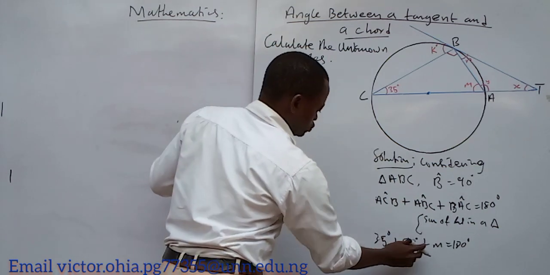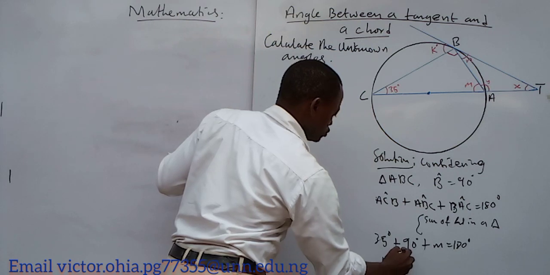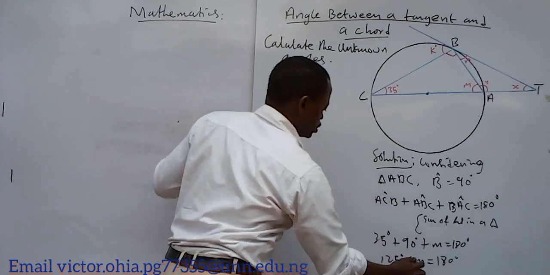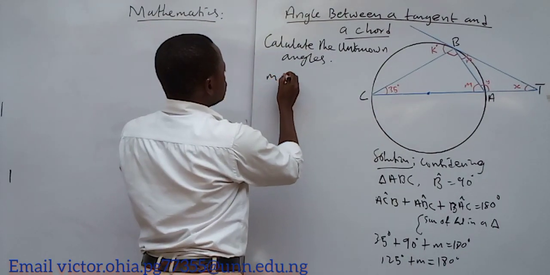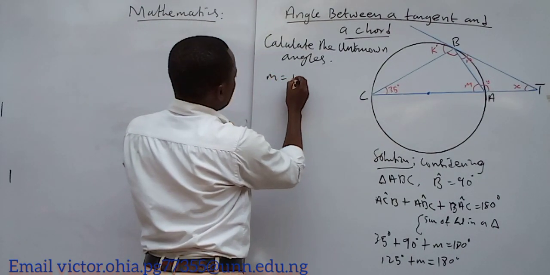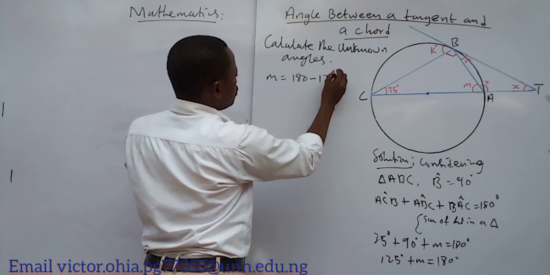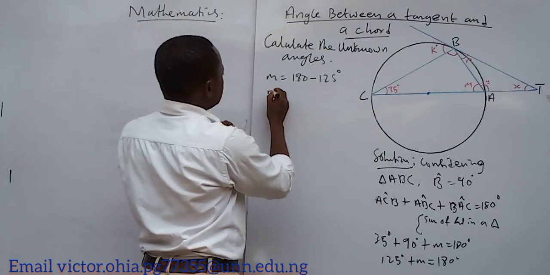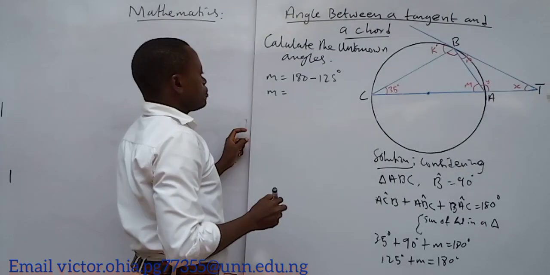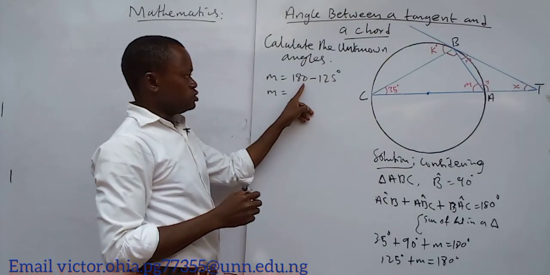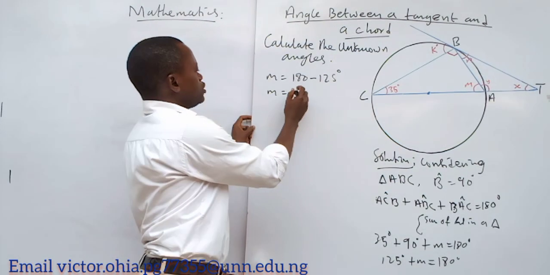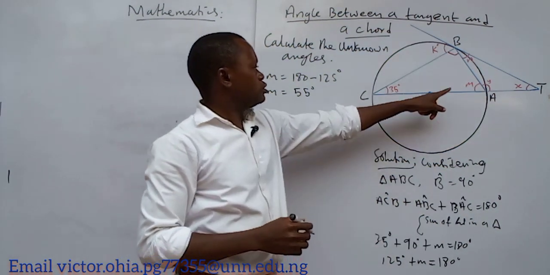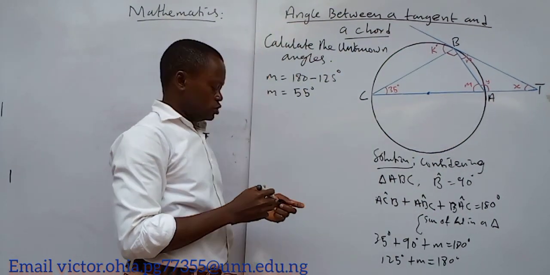This and this will give us 125 degrees plus M equals 180 degrees. Then M is equal to 180 minus 125 degrees. 180 minus 120 will give us 60, and 60 minus 5 will give us 55 degrees. So the angle M here is 55 degrees.